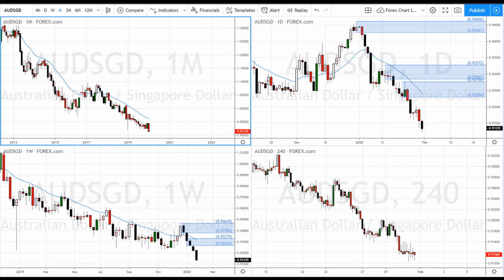Okay, so that's the method I use for confirmation. But if not, then you want to short up here. Shorting up here is higher odds because you're leaning with the higher time frames.